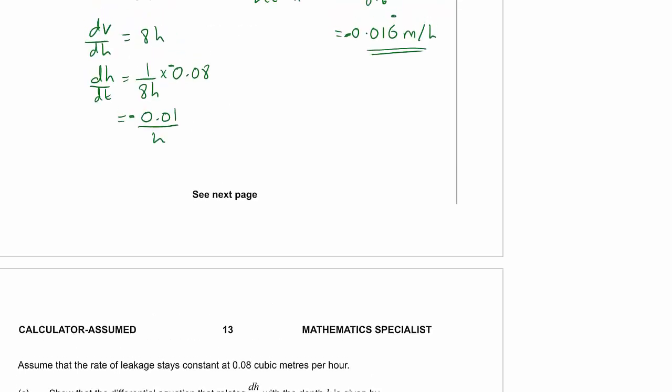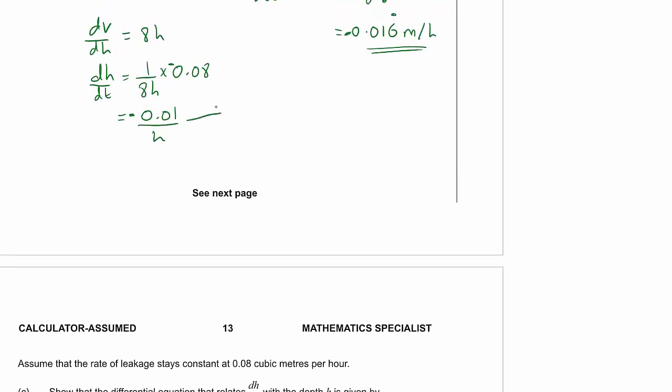Assume that the rate of leakage stays constant at 0.08 cubic meters per hour. Show that the differential equation that relates dh/dt with the depth h is given by dh/dt is equal to negative 1 over 100h. Actually, I think I got that in the last part, just here.